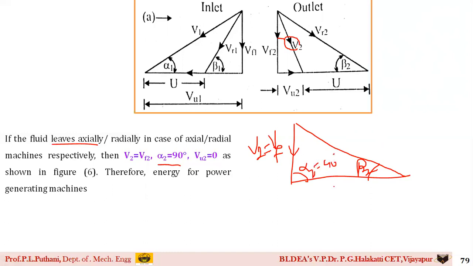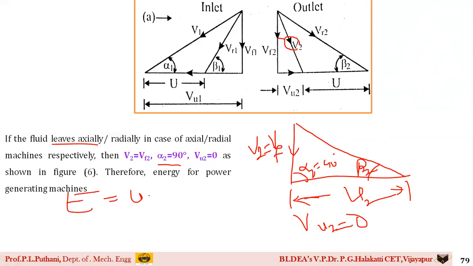Here also, this is the value of U2 and your U2 is equal to 0. So in the energy equation, E is equal to U1 Vu1 minus U2 Vu2 by Gc.